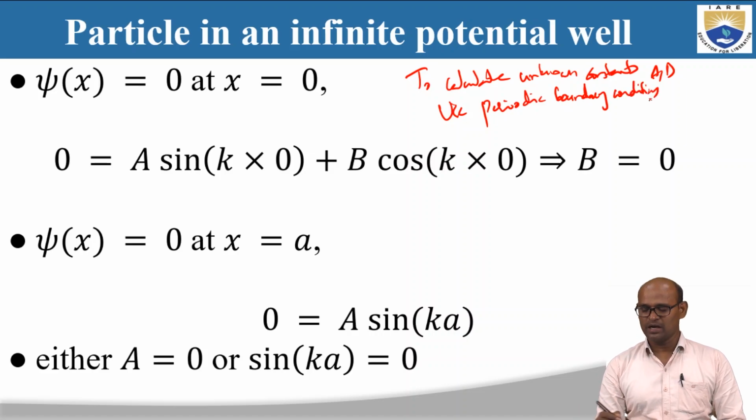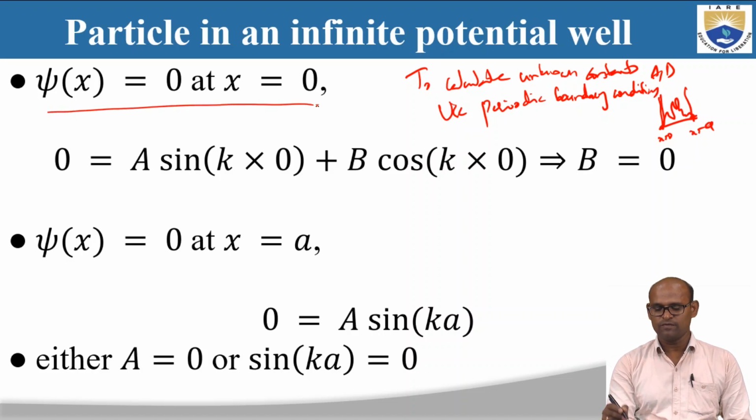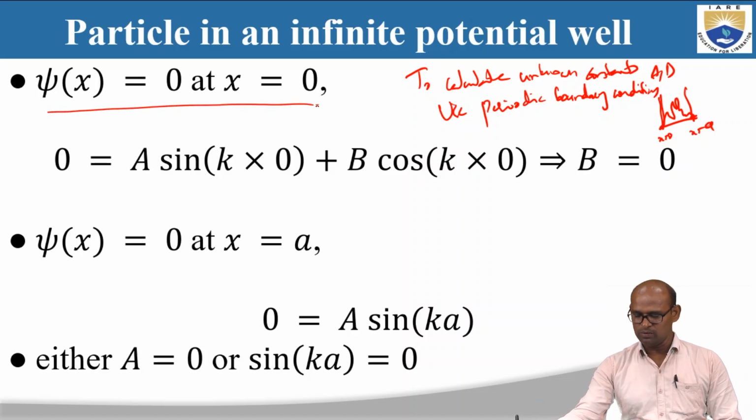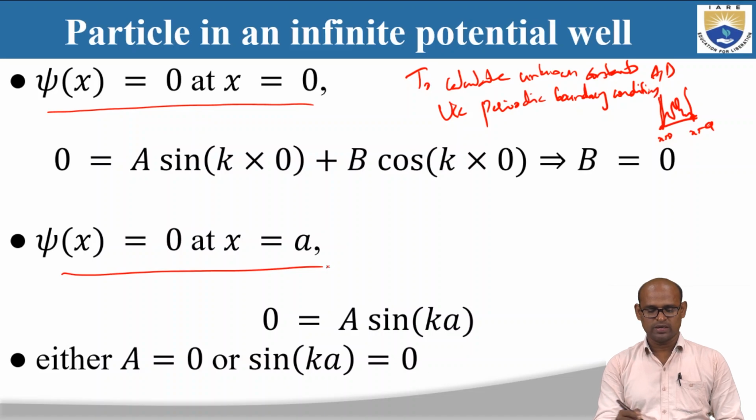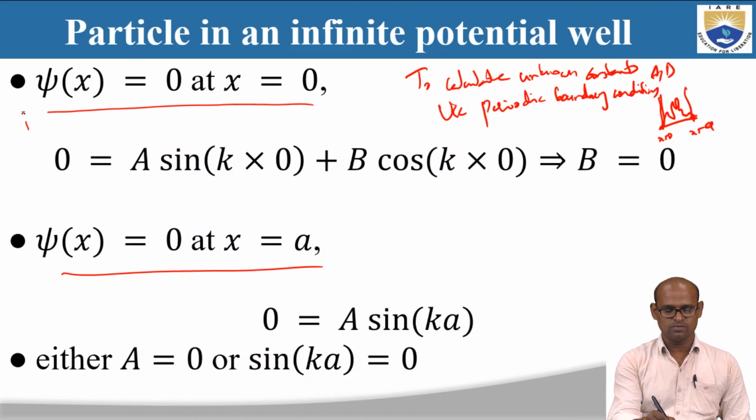What do we mean by these boundary conditions? It means that the wave function inside the well must be 0 at x equal to 0 and must be 0 at x equal to a. So ψ(x) is 0 at x equal to 0 and ψ(x) is also 0 at x equal to a. This is the first boundary condition and this is the second boundary condition.